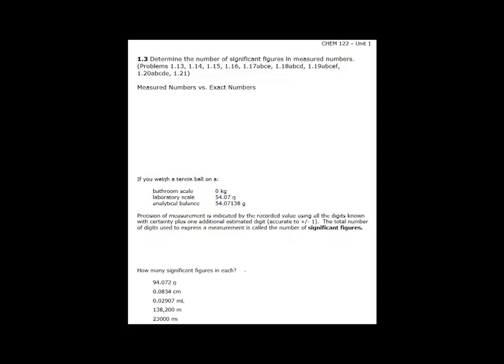All right. There are two types of numbers that we'll see in chemistry: measured numbers and exact numbers. Measured numbers you obtain when you measure something.